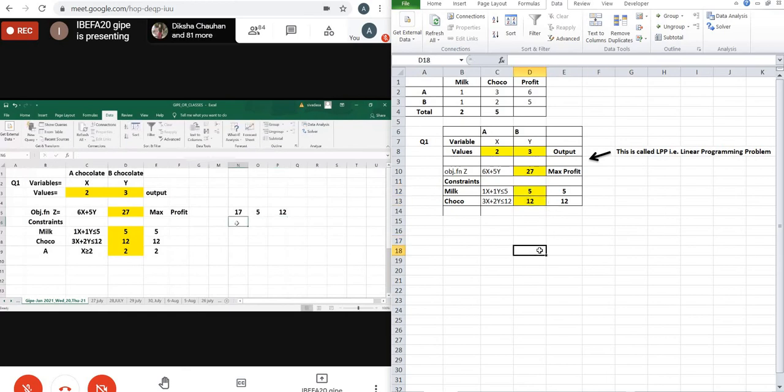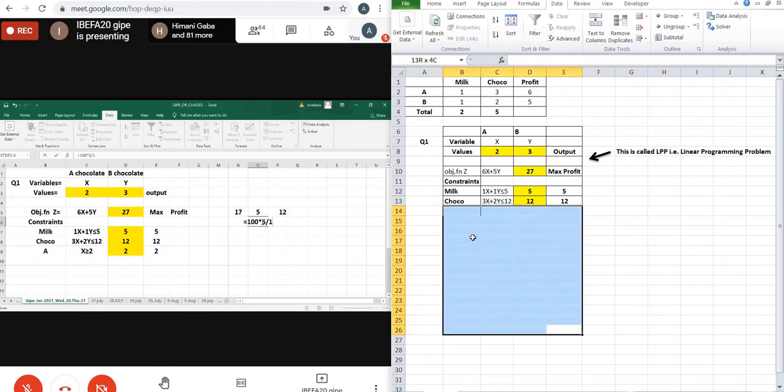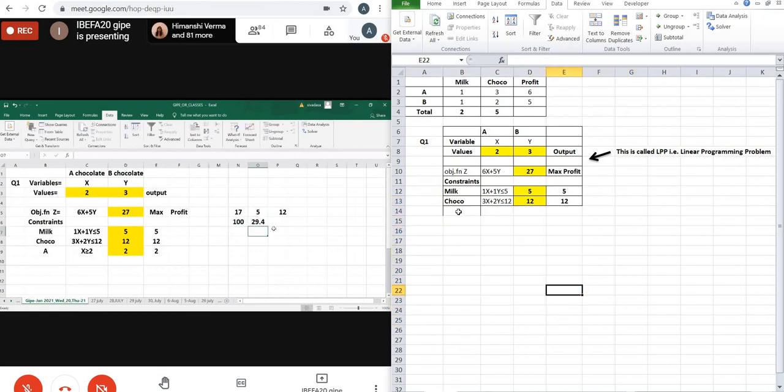Suppose if I want 100, how much will be milk? So 5 divided by 17 into 100. 29.4.